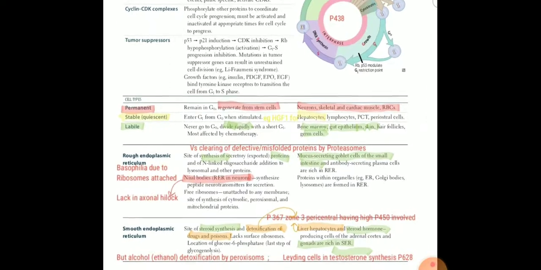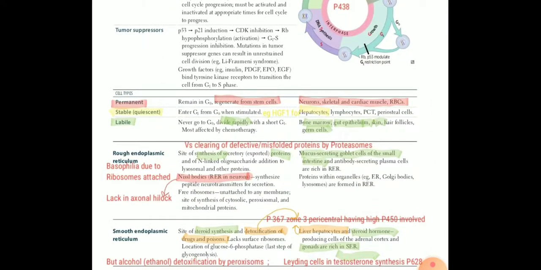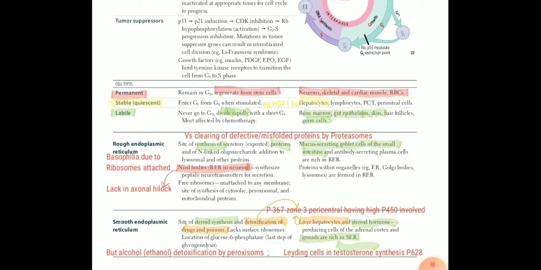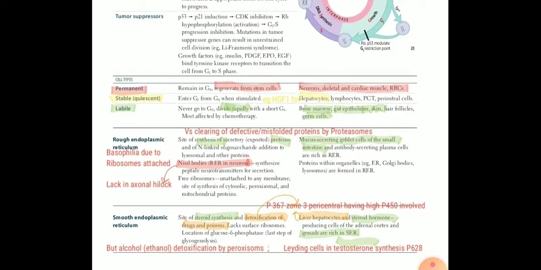Skeletal and cardiac muscles and RBCs, which do not have a nucleus, cannot divide, and they are permanent ones. You can pick any of them, but if two are given, prefer cardiac over skeletal. It's up to you, but all four, neuron, skeletal muscle, cardiac muscle, and RBCs, are permanent cells.